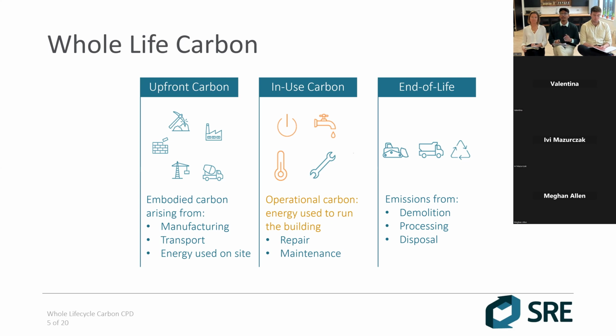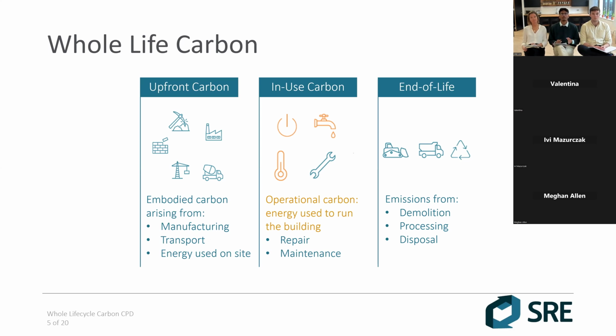In-use carbon: any building requires energy to run its operations, and there are carbon emissions associated with it. This is factored in the operational carbon of the building. And any given asset has repair, maintenance, and also replacement of certain building elements, which comes with carbon emissions with it. Both these factors are in the in-use carbon of that particular asset.